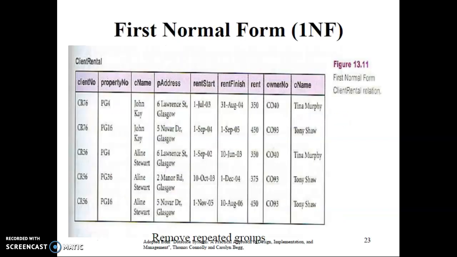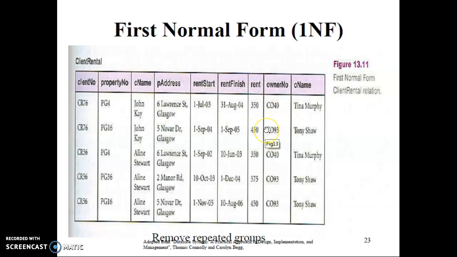And the next partial dependency is that the property attributes P address, rent, owner number, owner name are partially dependent on the primary key, that is on only the property number attribute. What it means is, if you know the property number, you can know the values of P address, rent, owner number and owner name.